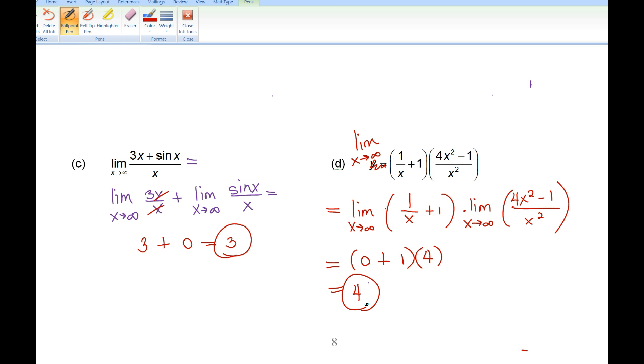Yeah, just look at the 1 over x. As x approaches infinity, the degree in the bottom is bigger. Think of the degree on the top as 0. So this is approaching 0. Plus, well, this is plus 1. The limit of 1 is just 1. Would it be helpful to make it x over x plus 1 over x?